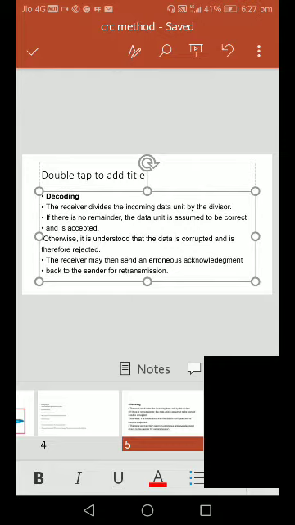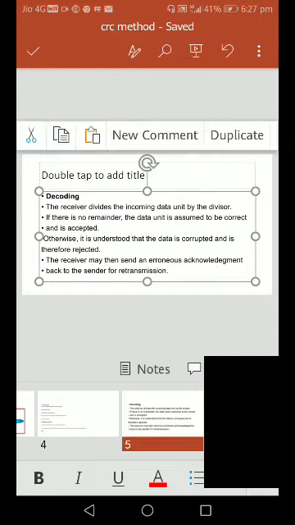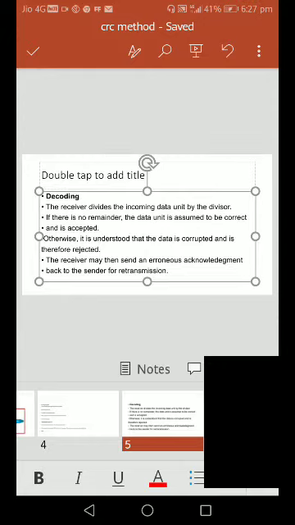If there is no remainder, the data unit is assumed to be correct and is accepted.